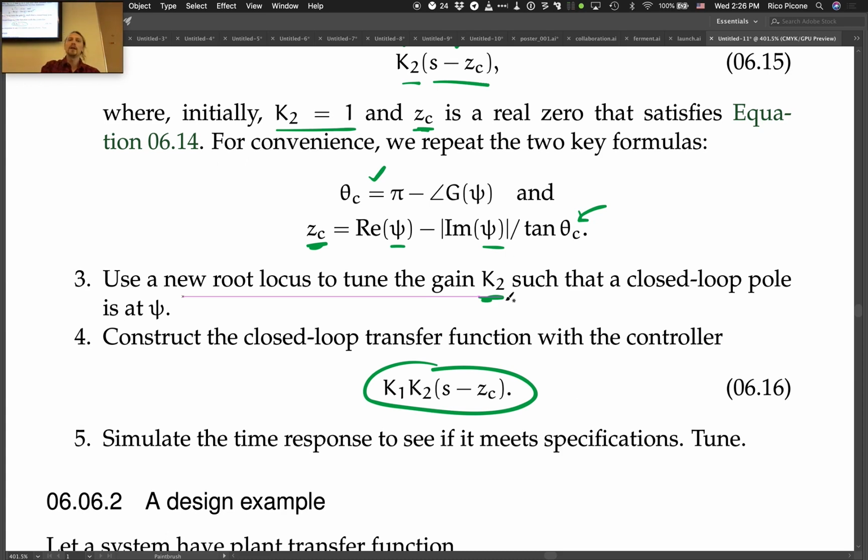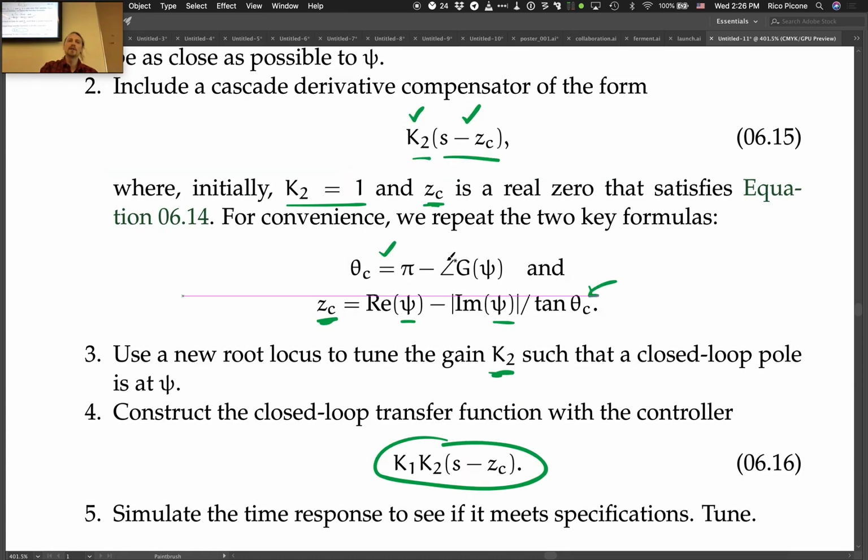So usually you choose the location of psi based on the second order approximation, okay? You aren't guaranteed that you're going to get the performance you expect out of that closed loop pole location psi. What you are guaranteed by this procedure is to get a root locus that goes through the point you specified, your psi, okay? So that part is guaranteed.